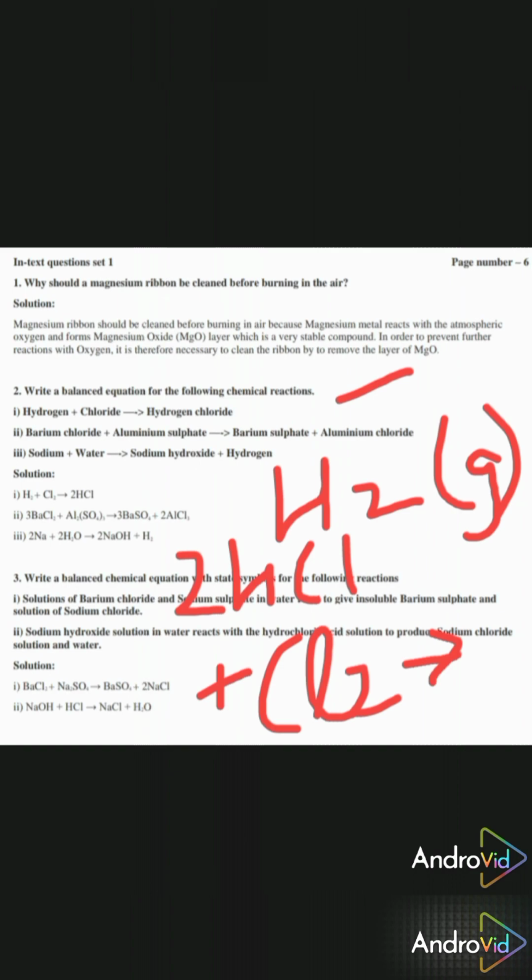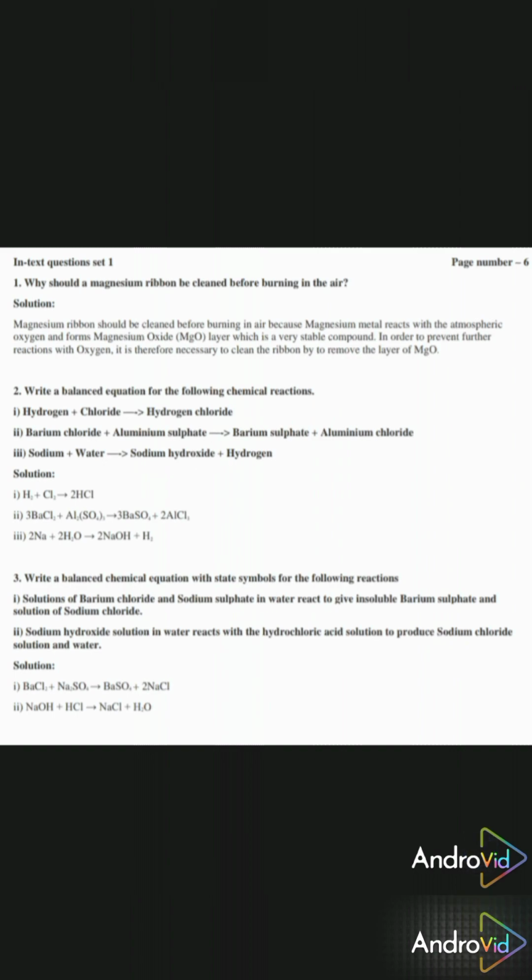And the next question is, barium chloride when reacted with aluminium sulfate gives barium sulfate plus aluminium chloride. So the formula for barium chloride is nothing but BaCl2.